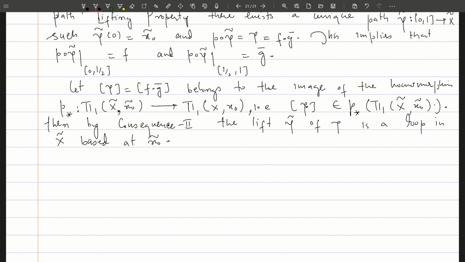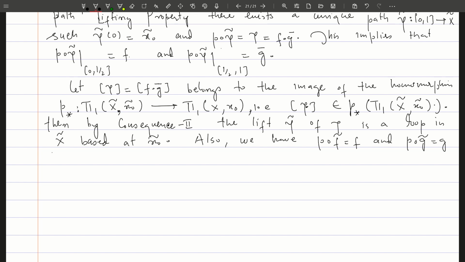Also we have p composite of f tilde is f, and p composite of g tilde is g. So by the uniqueness of these lifts f tilde and g tilde, what this would imply, one can note here, is that p composite of f is the same as p composite of gamma tilde restricted at 0 1.